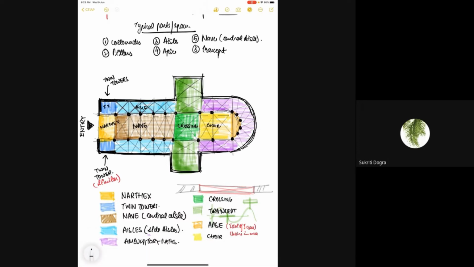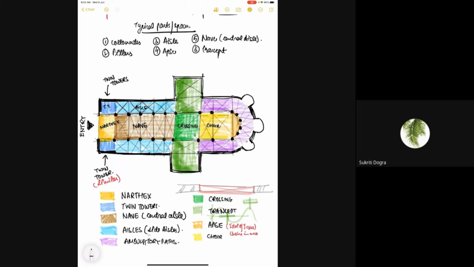In further evolution of a church, there were a few spaces which were added, on these ends of your ambulatory path, and it was in the shape of a circle again. Not a circle, you can say an arch, something like this and this. And why was this made?